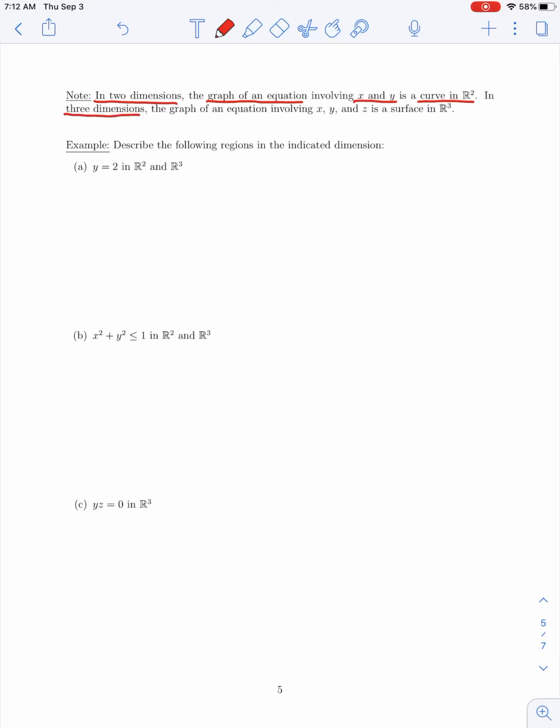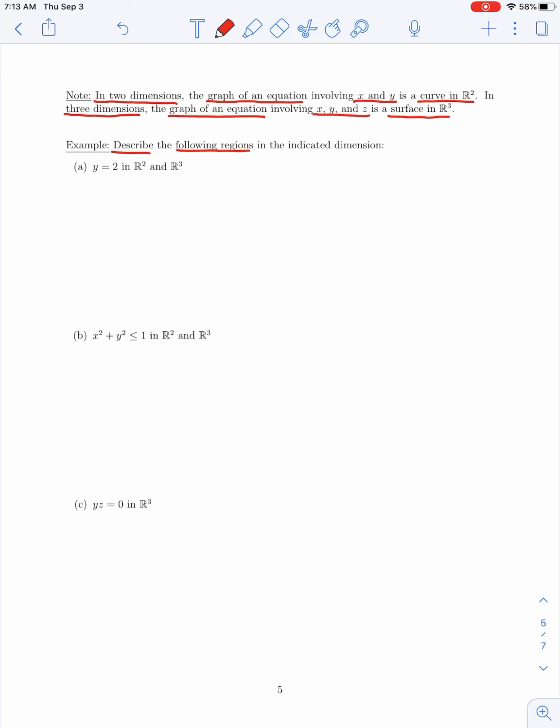Now in 3 dimensions, the graph of an equation involving 3 variables, x, y, and z, is in general a surface in R3, or a surface in space. So we're going to consider the graphs of some simple surfaces defined by equations.